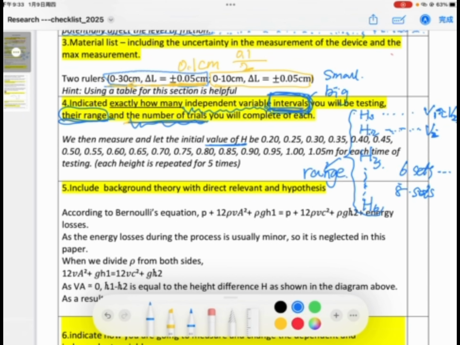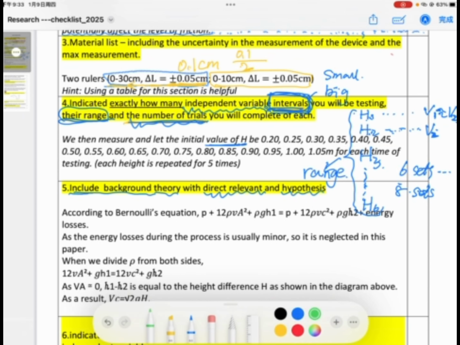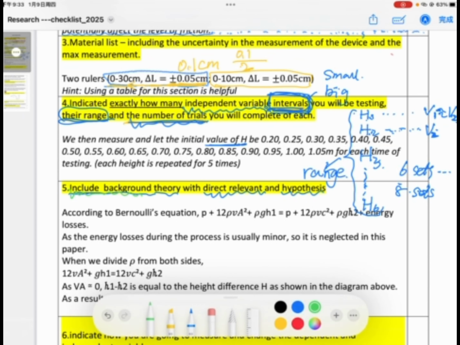Number 5 is including background theory with direct relevance and hypothesis. So we all know, for this part, I'm going to use a different color. Let's see, green color. When we talk about background information, usually you have your hypothesis stated in your background.